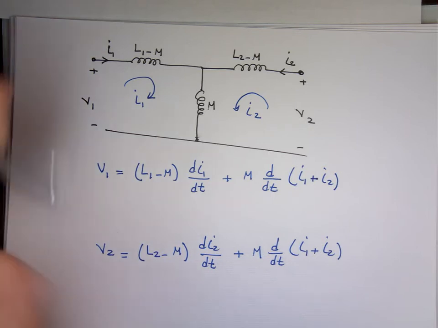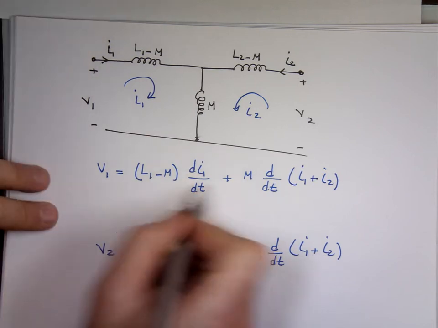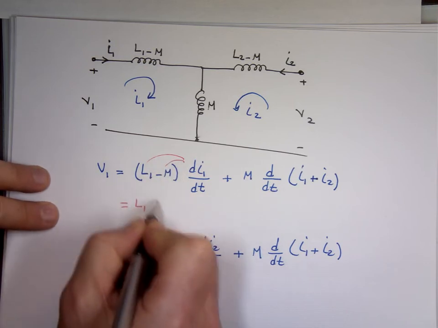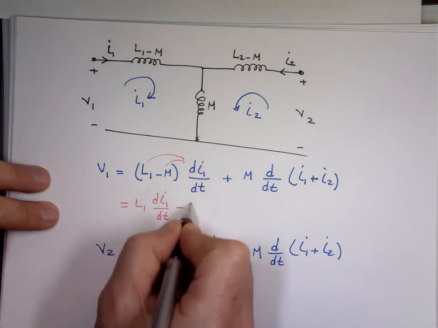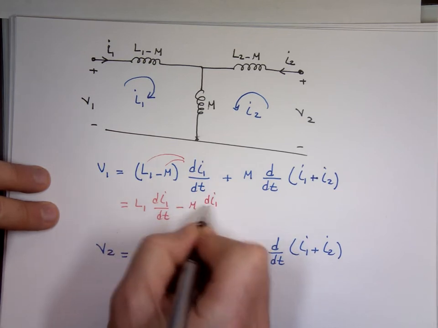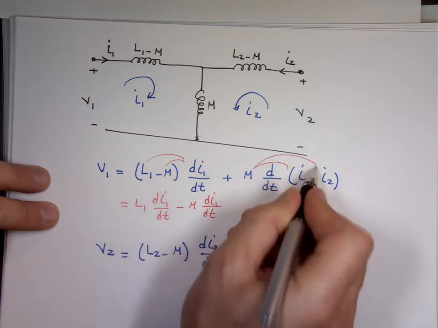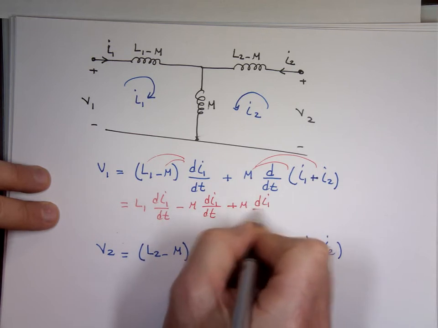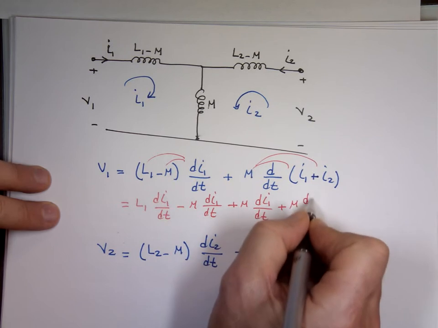Now let's clean them. This becomes, distribute that, L1 di1 dt minus M di1 dt. Distribute that, plus M di1 dt plus M di2 dt.